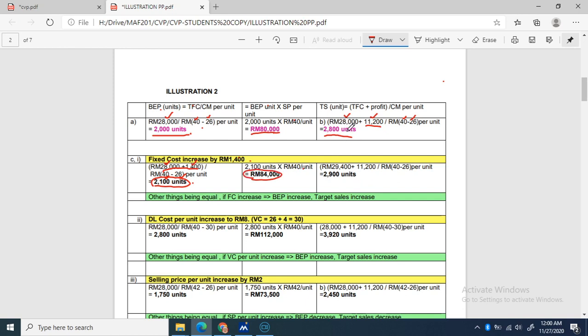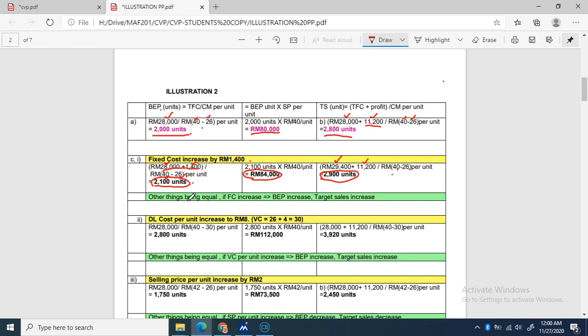To get the target sales, the fixed cost now 28,000 plus 1,400 comes to 29,400, the new fixed cost. Profit is 11,200. The contribution margin remains 40 minus 26, so you get target sales in unit of 2,900. If you compare, what is the effect when there are changes in the fixed cost?